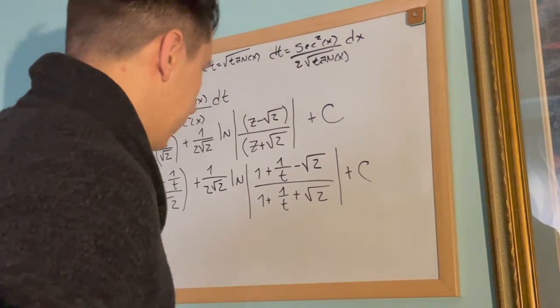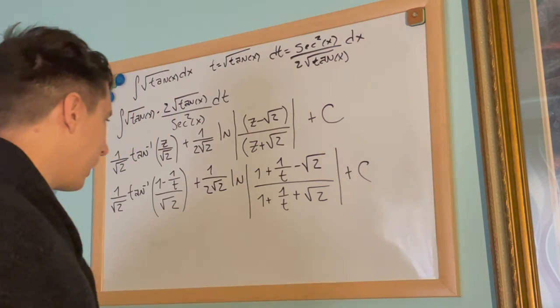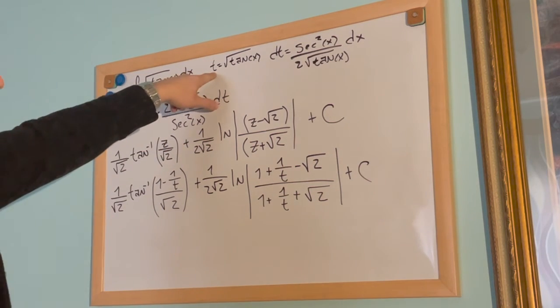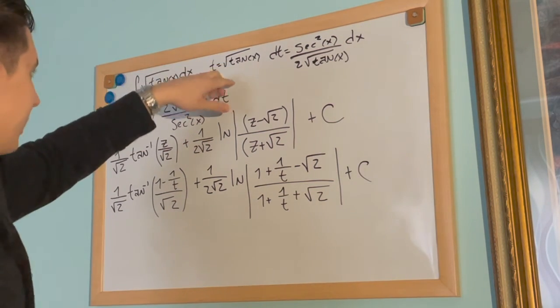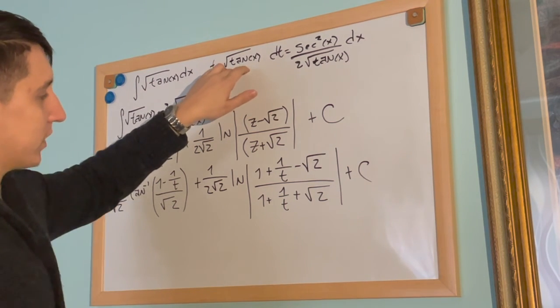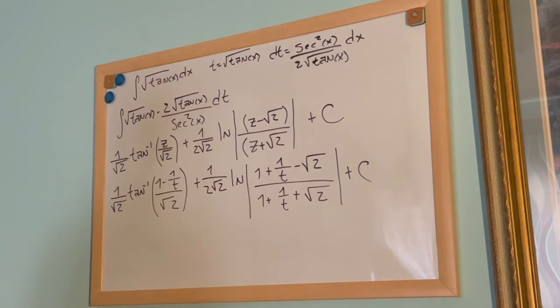Now we're not necessarily done here yet. What we have to do next is see that the t, which I did keep on the board, is actually the square root of the tangent of x. So wherever these t's are, you just have to put the square root of the tangent of x.